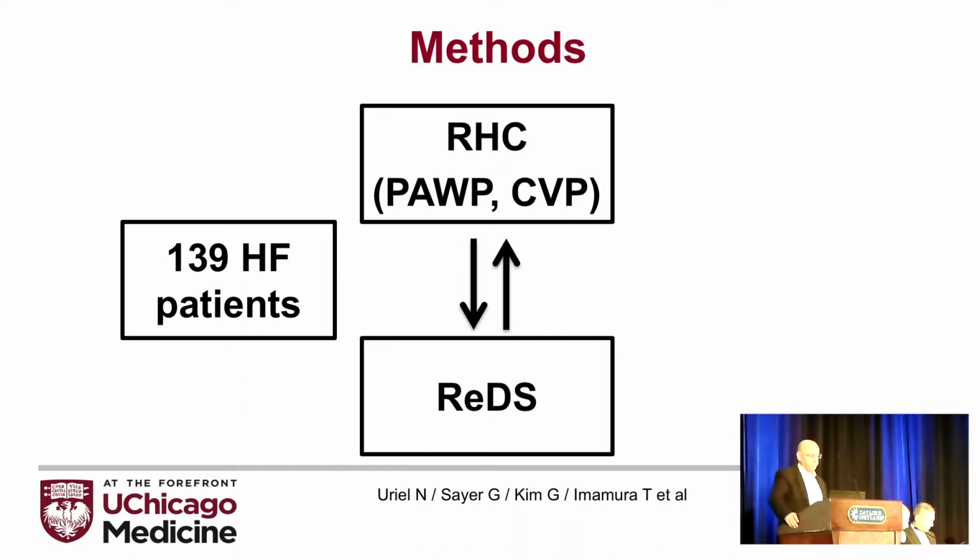So we took a group of patients, actually 139 heart failure patients, all comers, whoever came, and the physician decided that they wanted to evaluate them with hemodynamic assessment using a right heart cath in the cath lab.